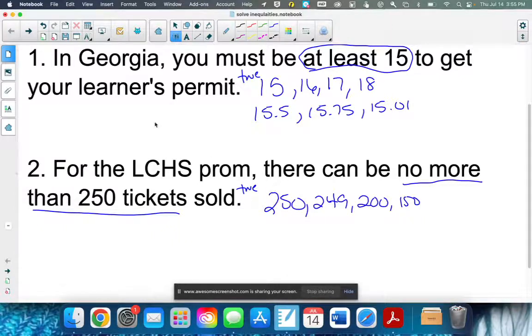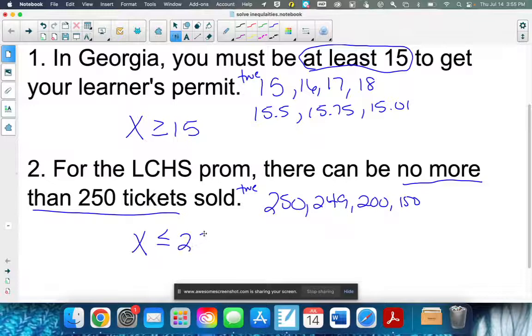Okay, now both of these can be expressed as an inequality because I don't want to sit here and list every possible correct answer. So at least 15 looks like this, that your age has to be greater than or equal to 15. No more than 250 tickets sold looks like this.